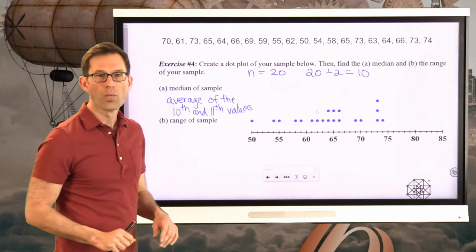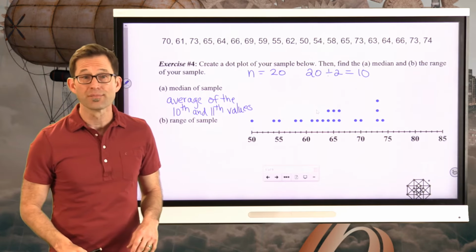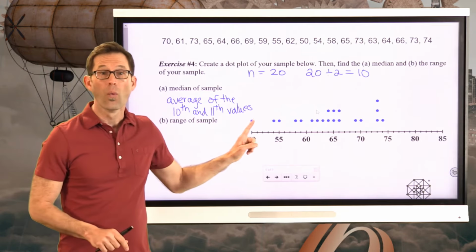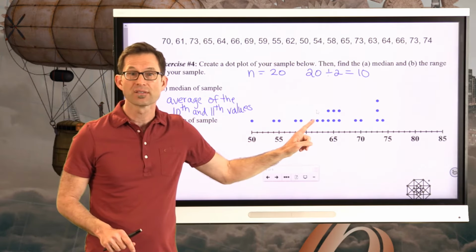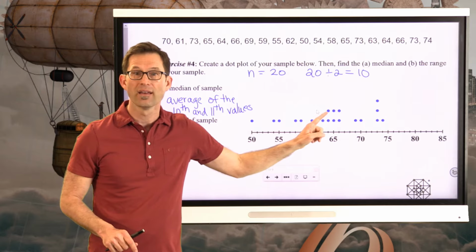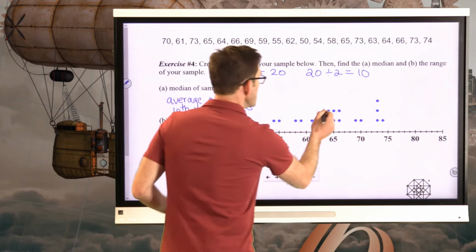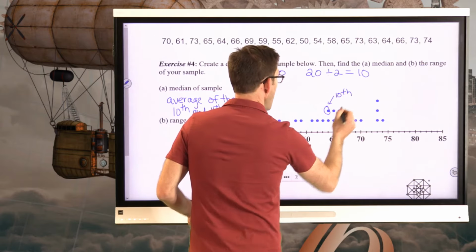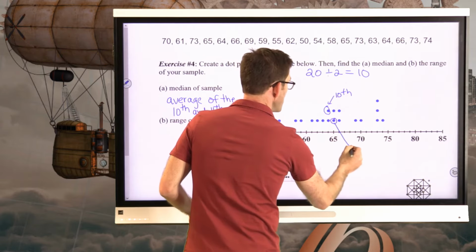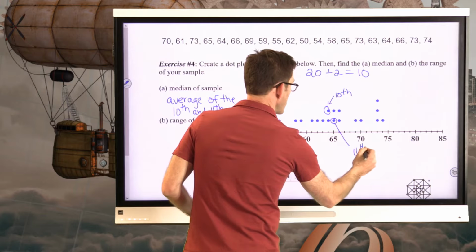So how do I decide on what those are? Well, I start counting some dots. Watch. 1, 2, 3, 4, 5, 6, 7, 8, 9, 10. This is my 10th value. And this is my 11th value.